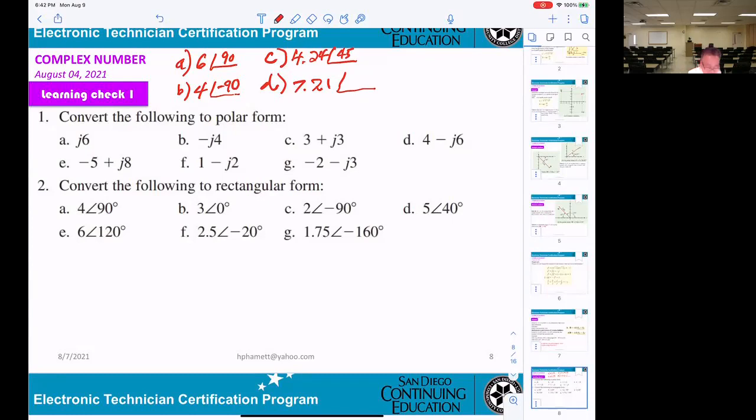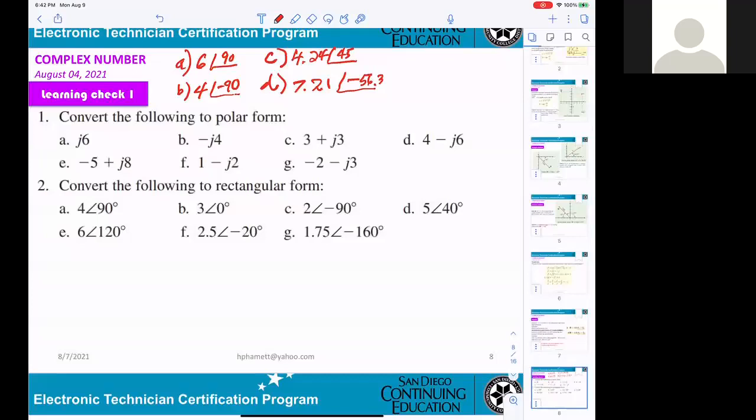Okay, but they have to be minor. So it's the 33.69, but it's 90 degrees minus that, which gives you 56.30.